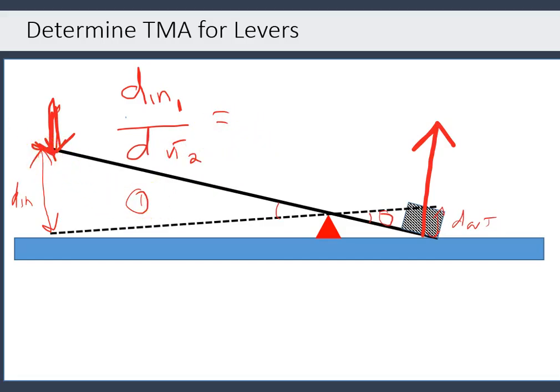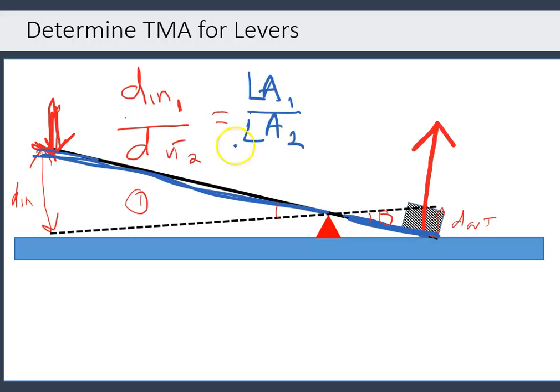the ratio of this distance to this distance. And right now I'm going to call that lever arm 1 divided by lever arm 2.